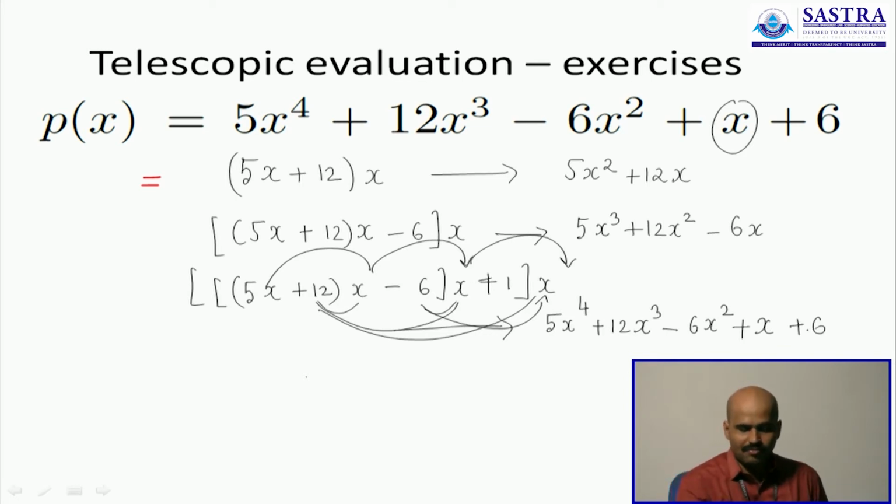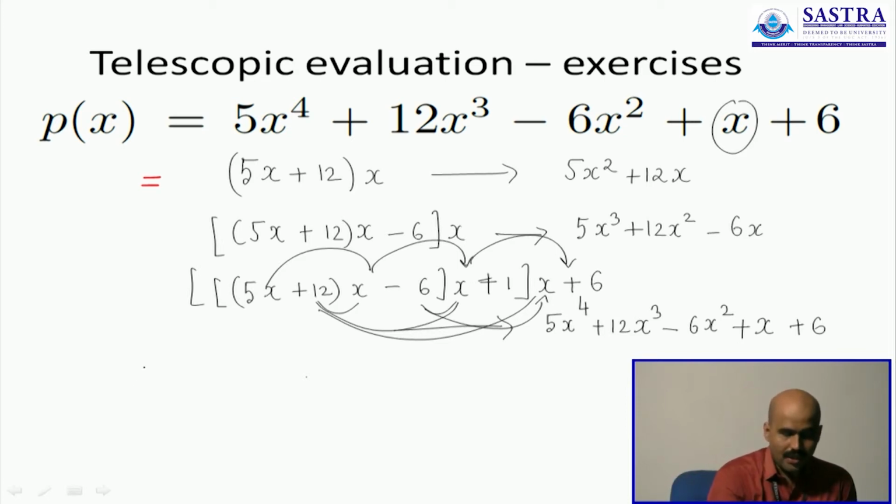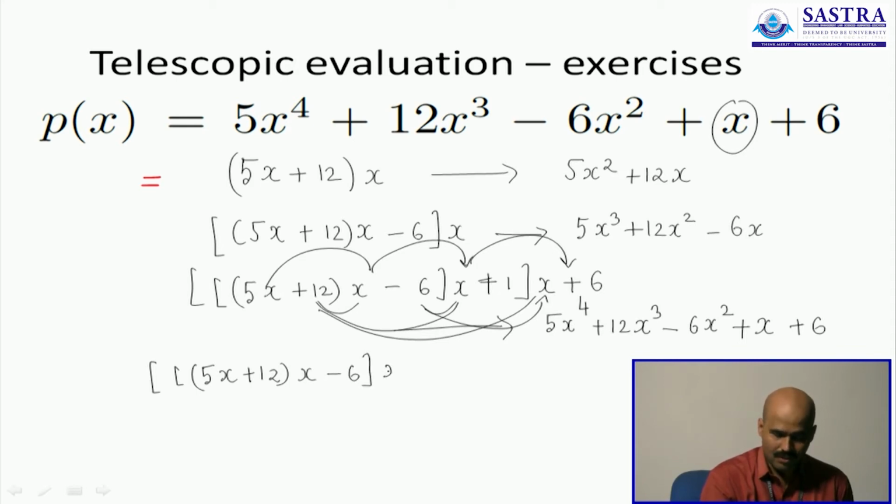So, this final expression when added with 6 will actually give us the reduction of the given polynomial telescopically. So, I am writing down the answer: 5x and 12 added, multiplied with x, minus 6 subtracted, the result is multiplied with x, 1 is added and the sum is multiplied with x, and there you have finally 6 added.